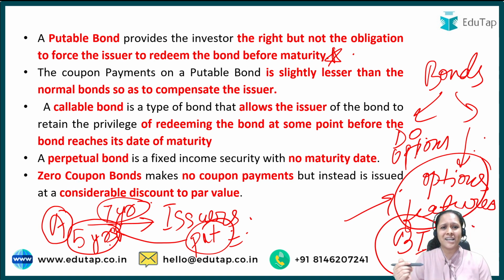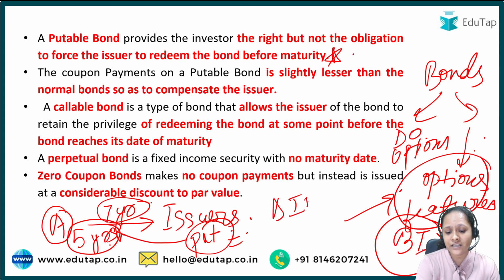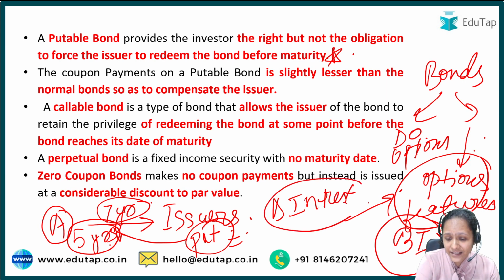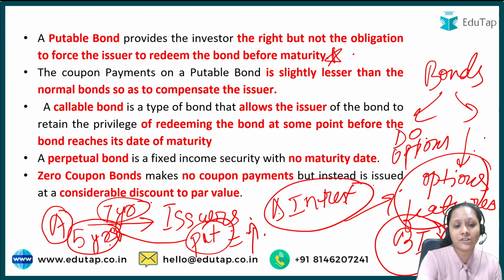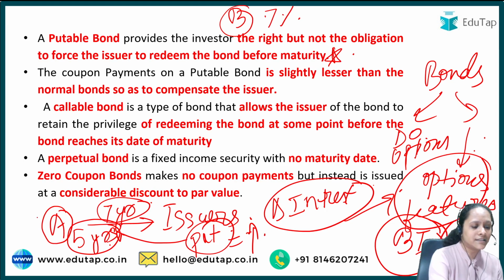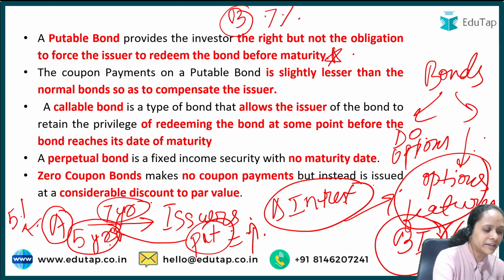So now you can simply ask me, why do we exercise such options, ma'am? See, the biggest reason we invest in bonds are the changes in the market interest rates. ठीक है? Let's say after 5 years the interest rate in the market rises. So we as an investor have a normal psychology that we want to invest in those instruments which provide us more return. So now let's say there is another bond B which is providing you a coupon payment of 7%, and let's say this bond was paying you a coupon payment of 5% annually.